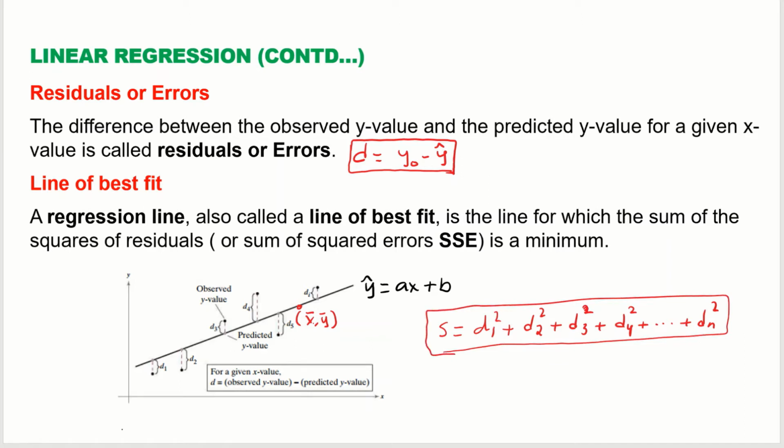Because the sum of the squares of these distances is minimum, we say that this line is also called the least square line. So that is the line of best fit.